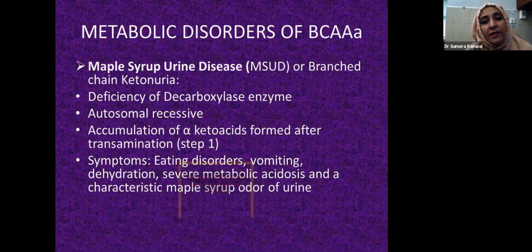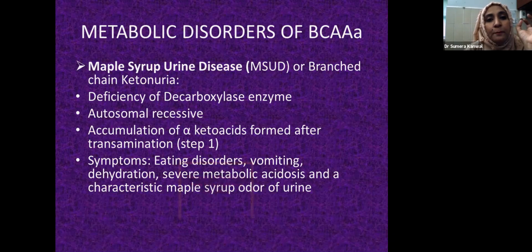Maple syrup is a syrup coming from the heating and burning of sugar. When sugar is burned, there is a characteristic odor. The smell of this syrup is called maple syrup. The urine of these patients smells like burnt sugar syrup.